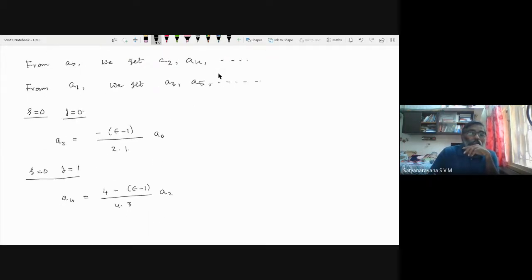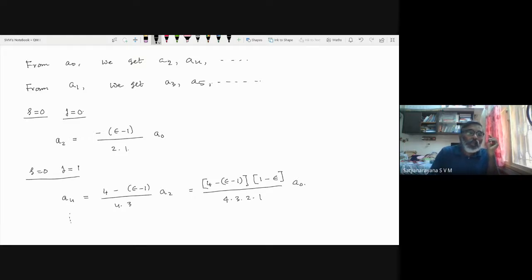Or in other words, I could have written this as 4 minus epsilon minus 1 into... okay, I would write 1 minus epsilon divided by 4 into 3 into 2 into 1, and that is aj.